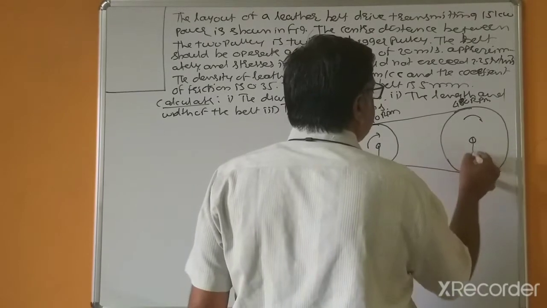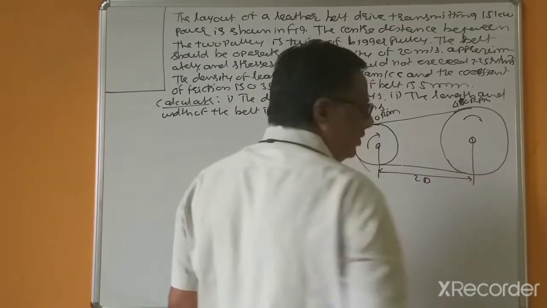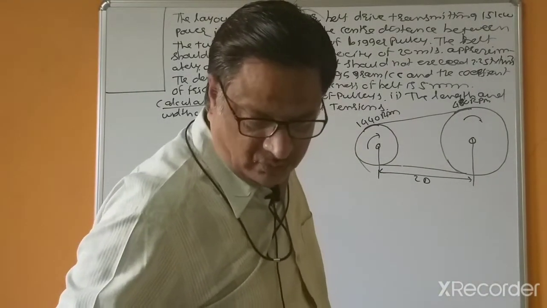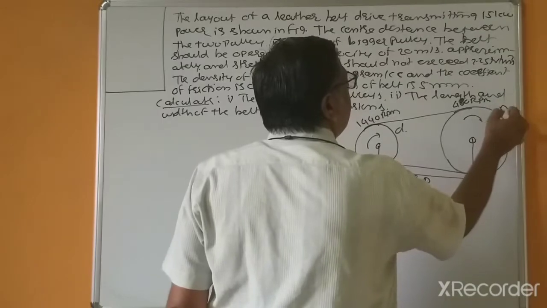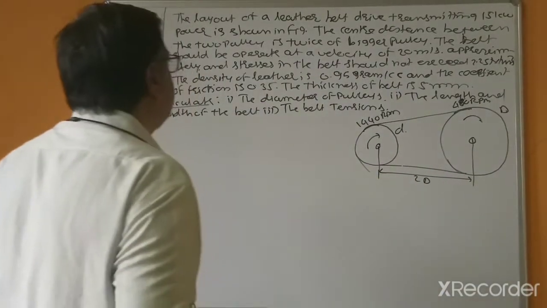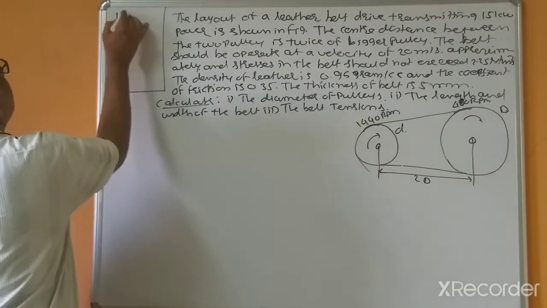Center distance is 2D. This is small d and this is capital D. So first we will extract what is given: 15 kilowatt power.